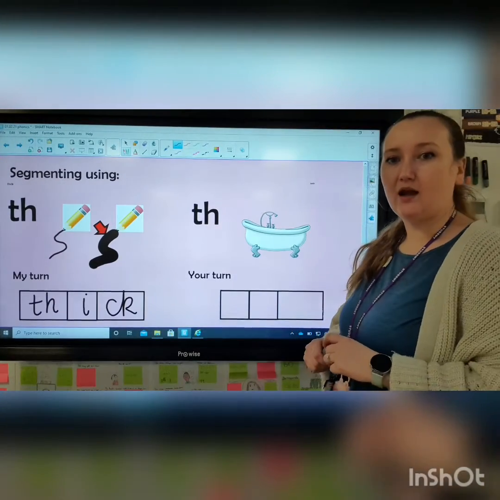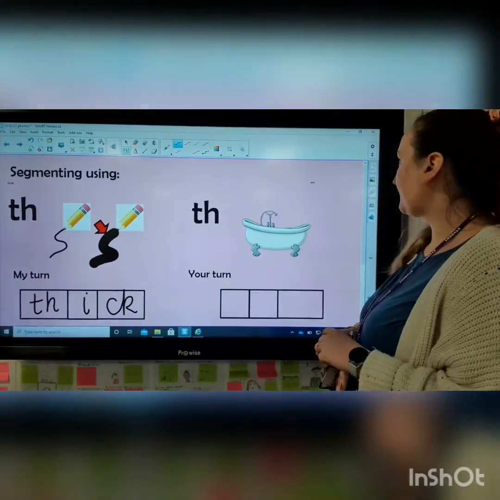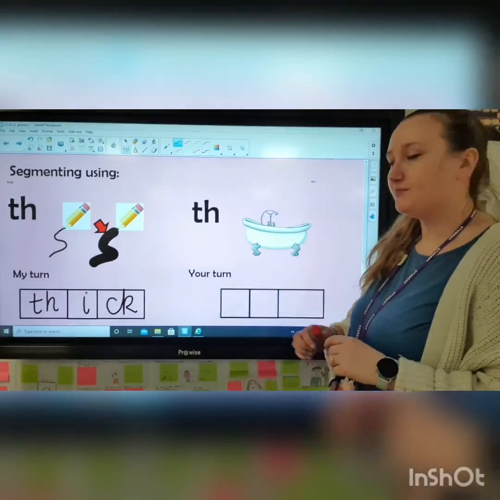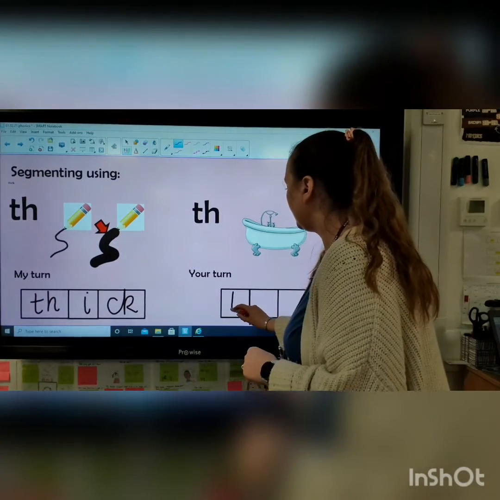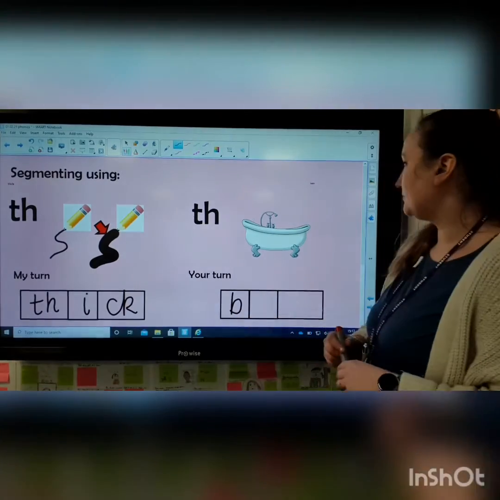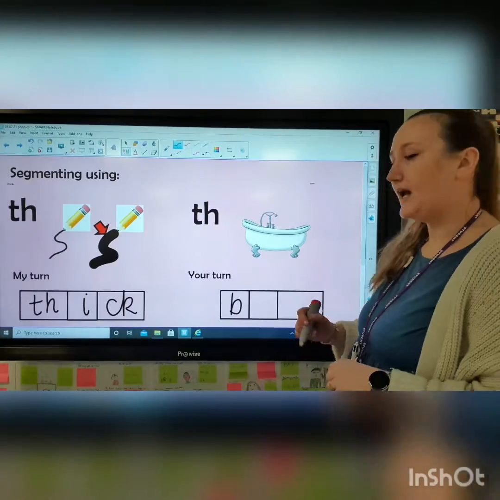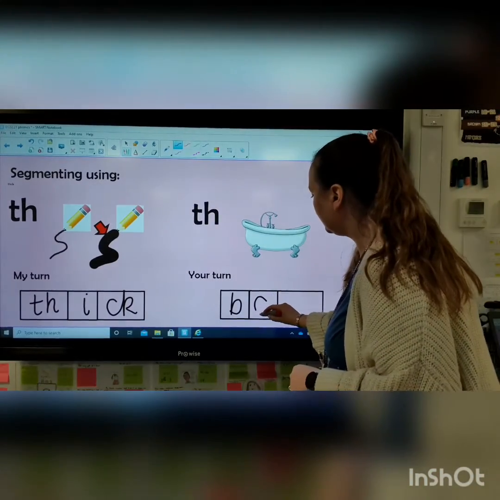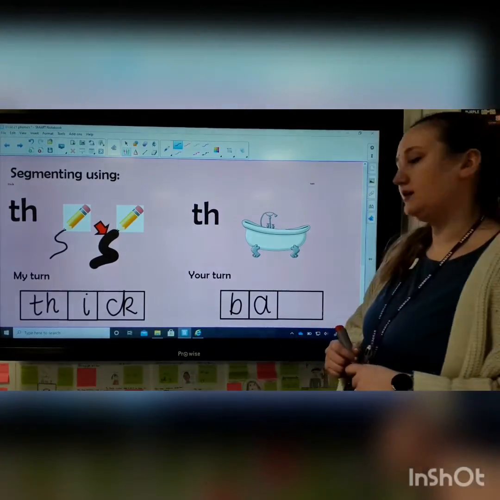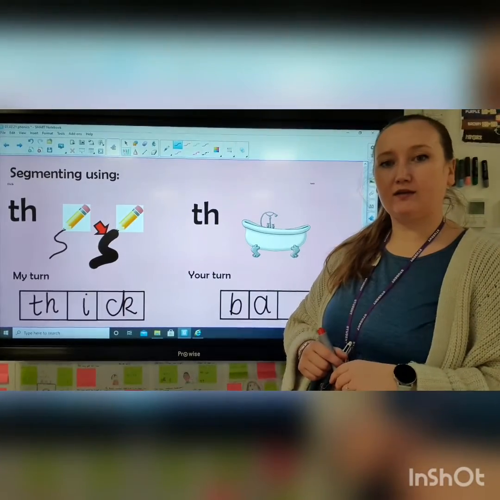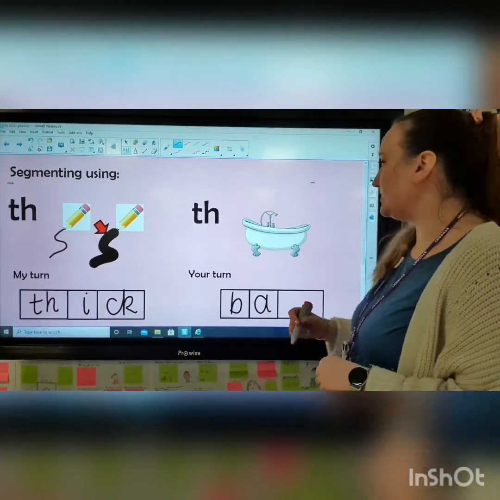What are the phonemes in bath? What's that first phoneme? B. What's that next phoneme in bath? A. And lastly, it's that new phoneme, isn't it?